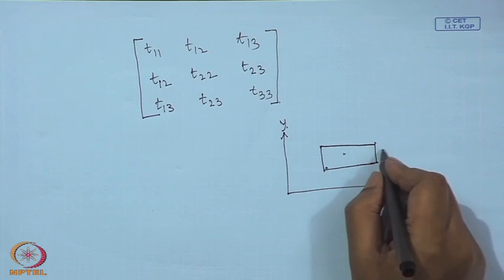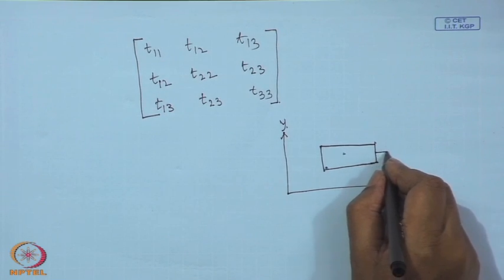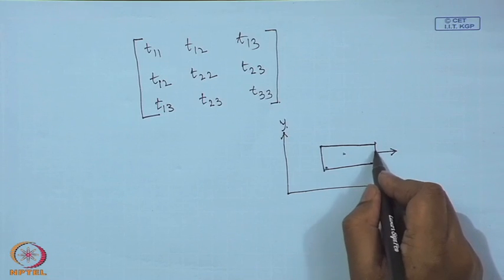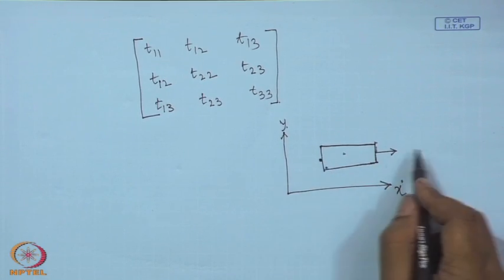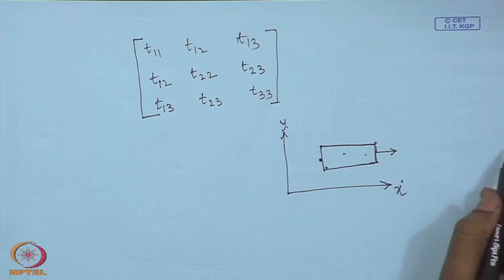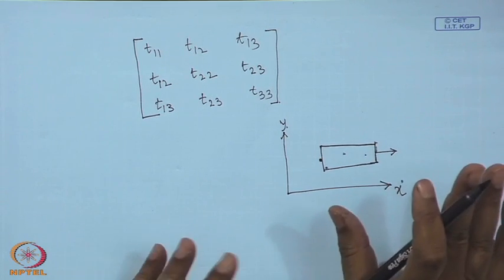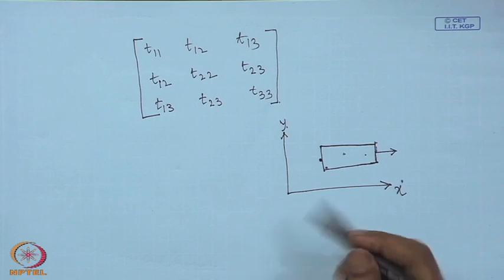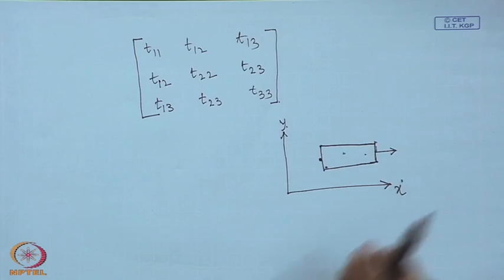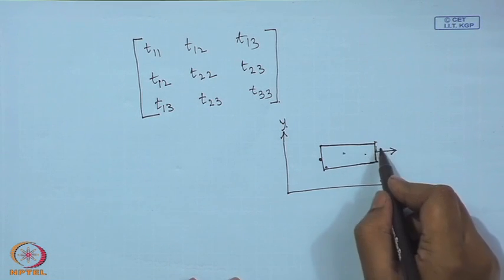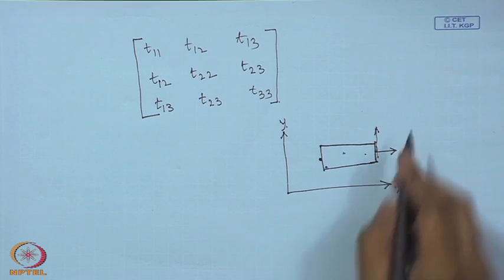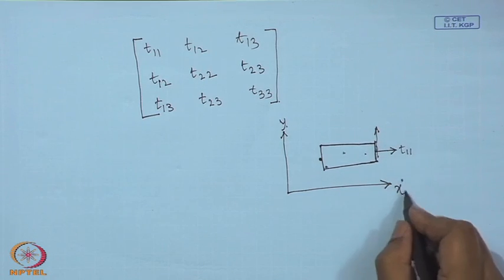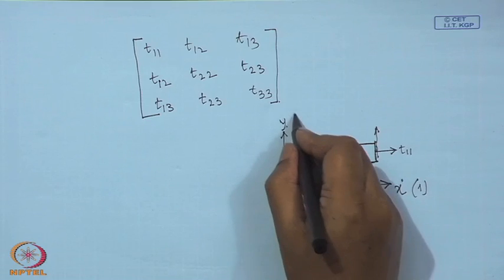So, Txx will be in this direction acting on this face, because x is normal to this face, and also to this face. The direction might be along this or along this. We are not worried about the direction at this stage, whether it is towards the face or away from the face, but this is normal to the face. What about T12? You can see that it will be something like this. If we call this T11, x is 1, y is 2.